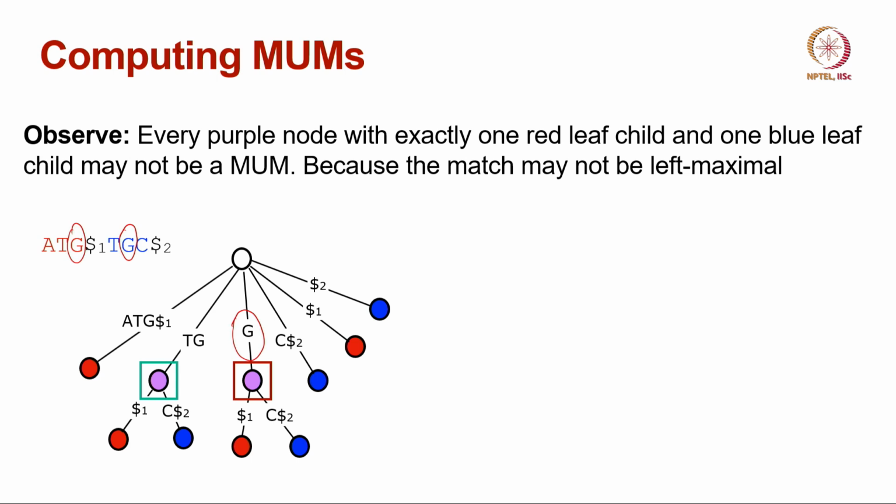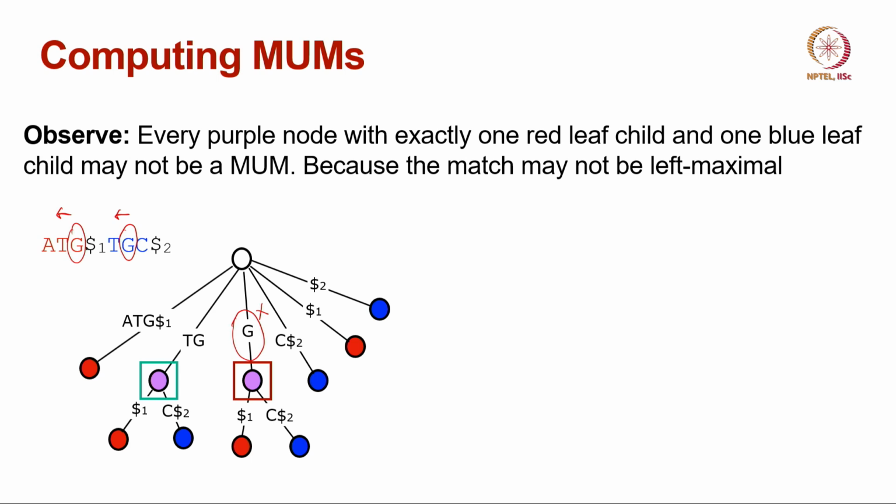So you have a match of t characters on the left. I can extend it towards left by one position. Therefore, this is not a maximal unique match, and as a result we have to be careful in selecting which purple nodes correspond to maximal unique matches.